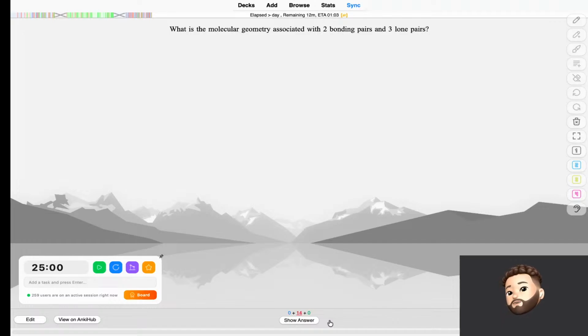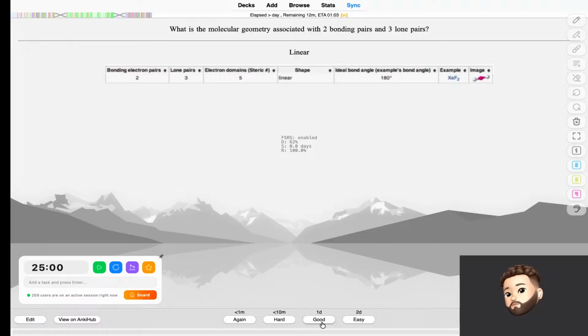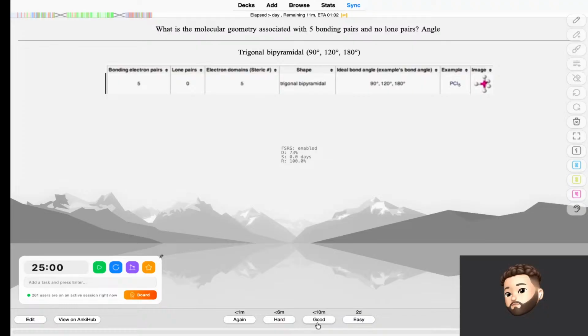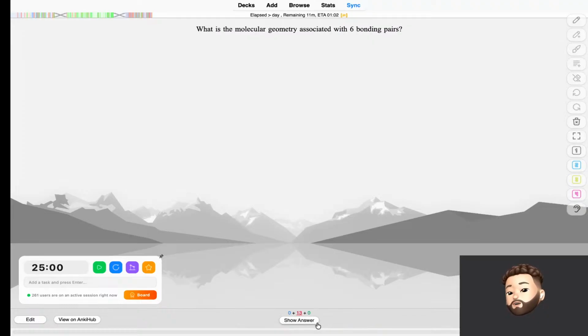With two bonding pairs and three lone pairs, this one's gonna be linear, so 180. Five bonding pairs and no lone pairs: trigonal bipyramidal, 90, 120, 180. Octahedral is gonna be 90 and 180.